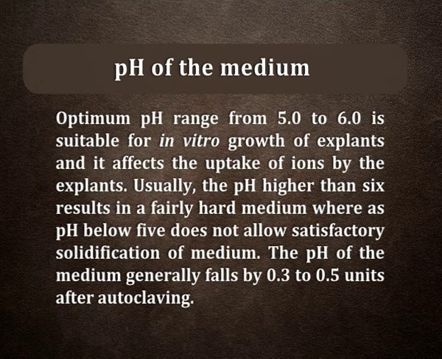Optimum pH range from 5 to 6 is suitable for in vitro growth of explants, and it affects the uptake of ions by the explants. Usually, a pH higher than 6 results in a fairly hard medium, whereas pH below 5 does not allow satisfactory solidification of the medium. The pH of the medium generally falls by 0.3 to 0.5 units after autoclaving.